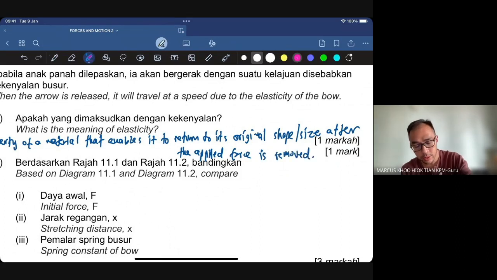So this is the condition for elasticity.